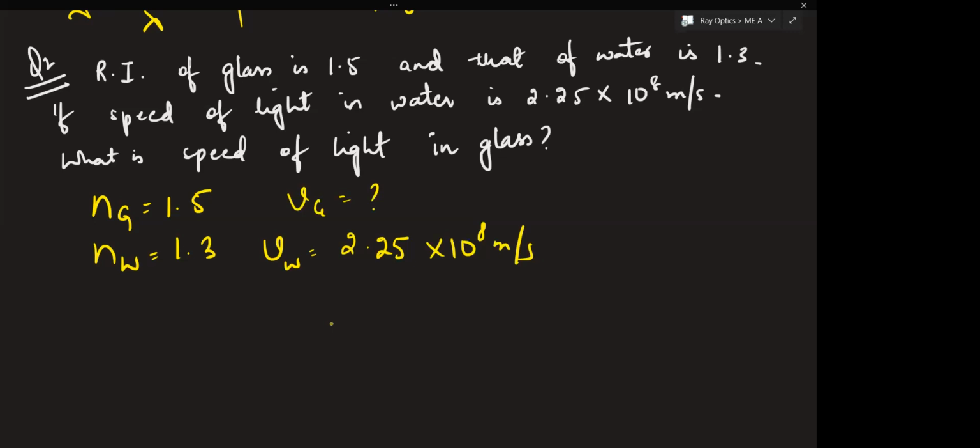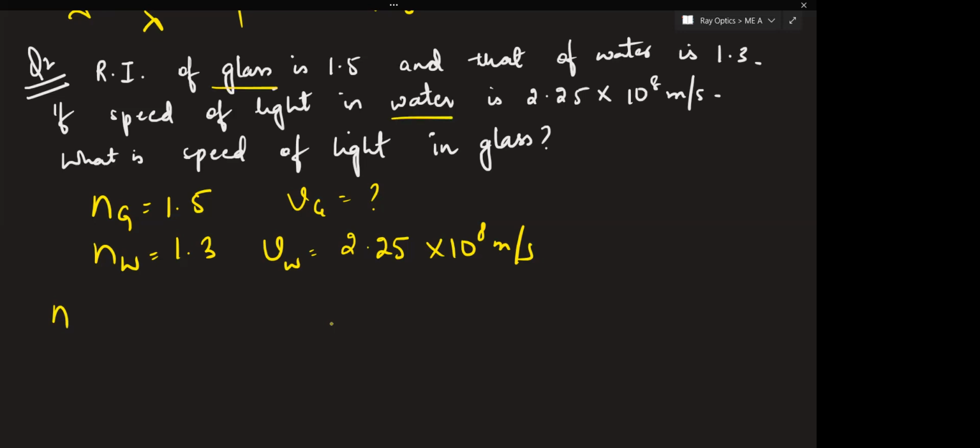If we talk about refractive index of glass with respect to air, that is given to us. This is absolute refractive index given for glass, and this is absolute refractive index given for water. But now we'll be calculating the relative refractive index. Two media are involved, glass and water.